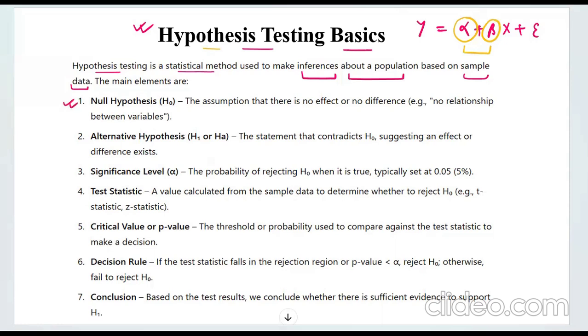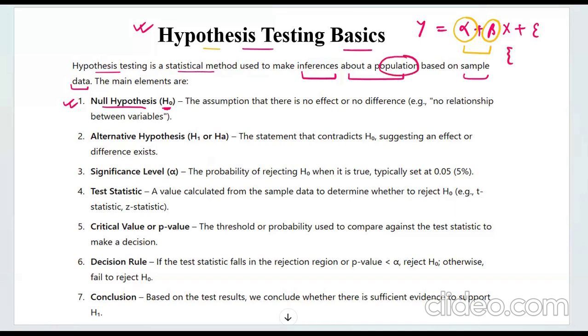So the first step is to define a null hypothesis. The null hypothesis is written as H naught. Please remember that the null hypothesis and alternative hypothesis are always defined on population parameters. Here we are not talking about any sample statistic. Whenever you define a null or alternative hypothesis, we want to make inferences about the population.